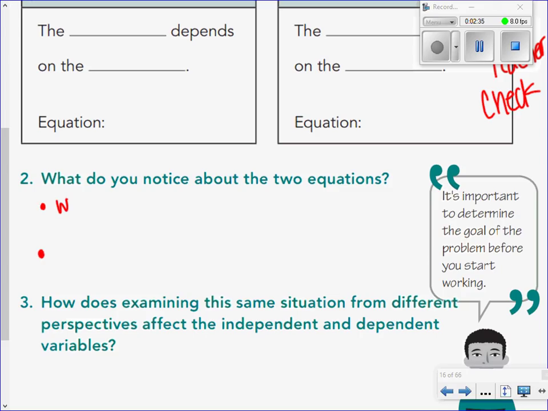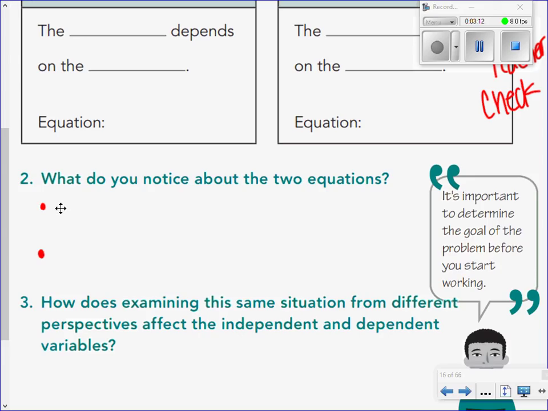One would be, are the variables and coefficients the same in each equation?